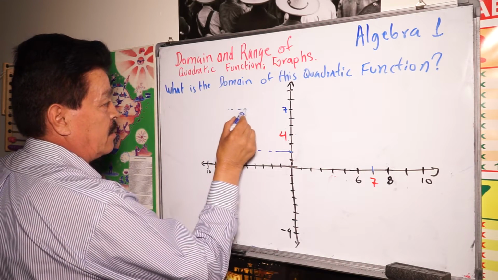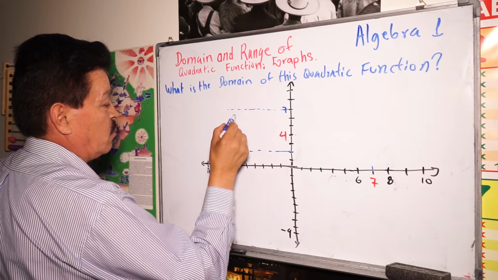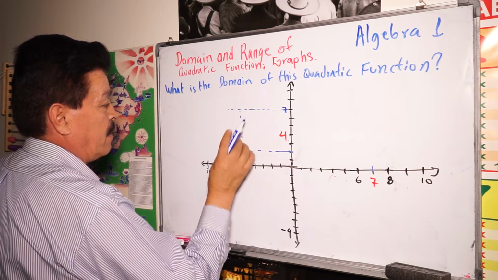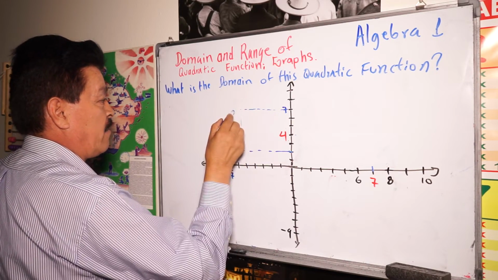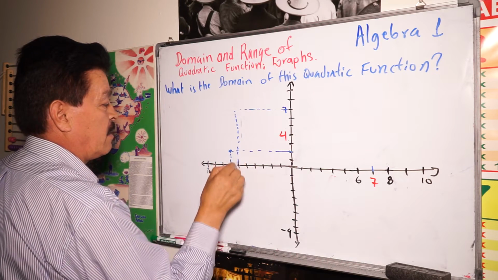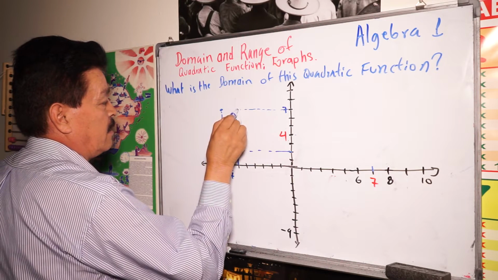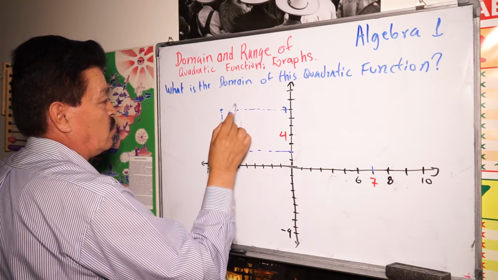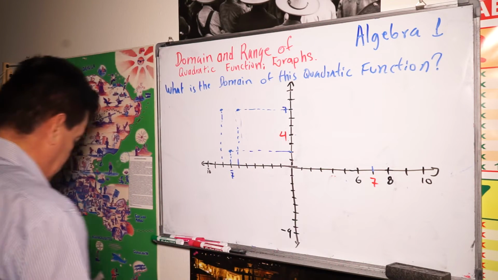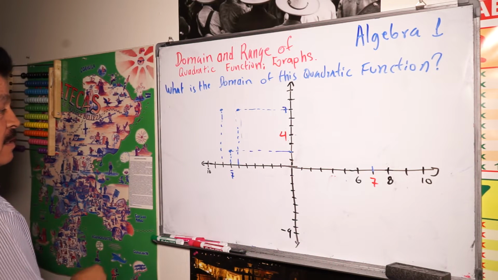Take a look at it this way. I'm going to draw the graph right here. I'm going to try to find the right point where the graph is going to run.